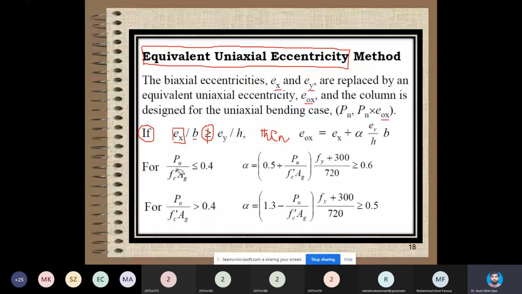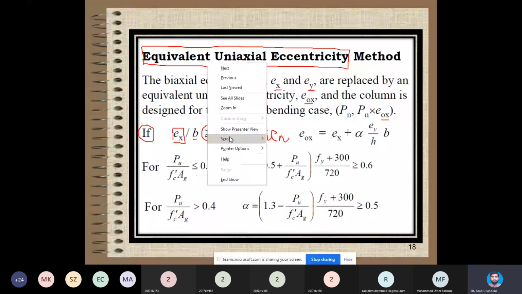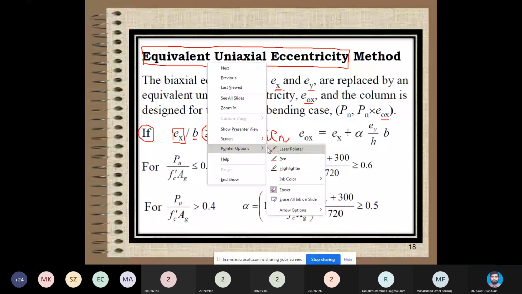Pu divided by the gross capacity of the column, which is the gross capacity calculated considering concrete only, so fc prime into area gross of the column. If this ratio for your column under investigation is less than 0.4 or maximum equal to 0.4, then this alpha will be applicable.